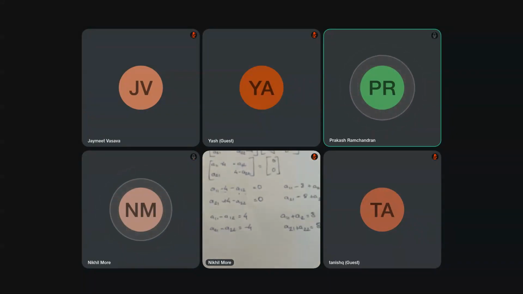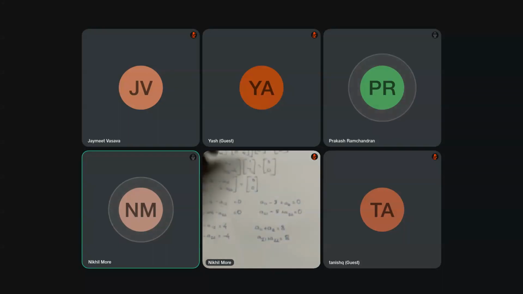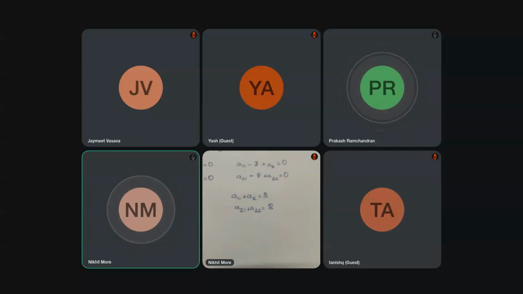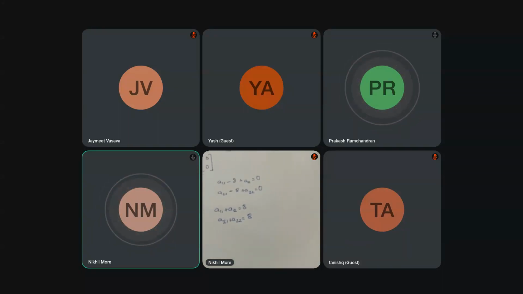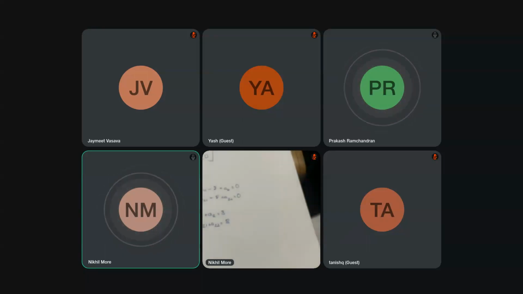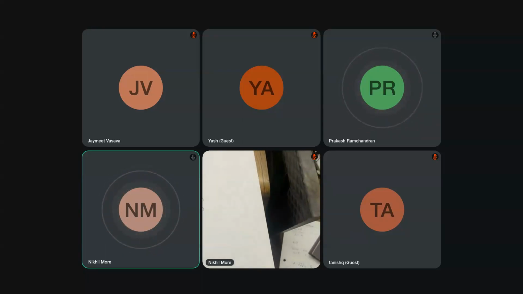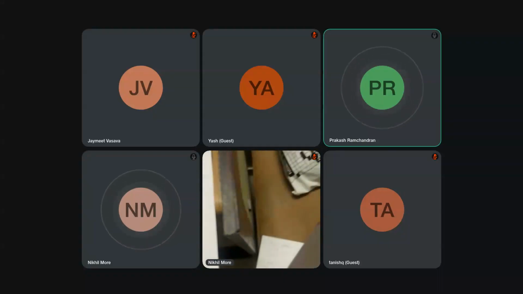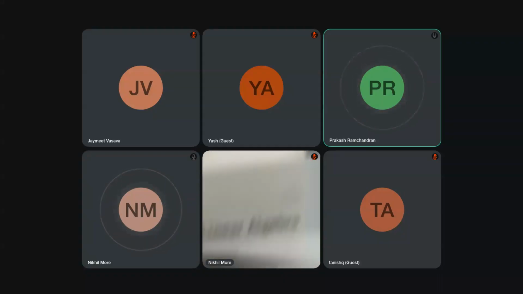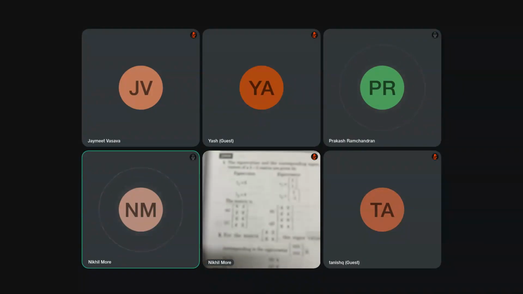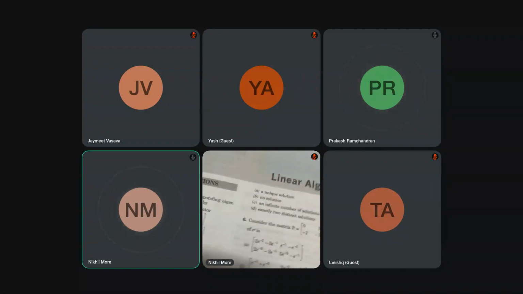Now I'll open up the page again to see the options that we have. I'll just write them over here.